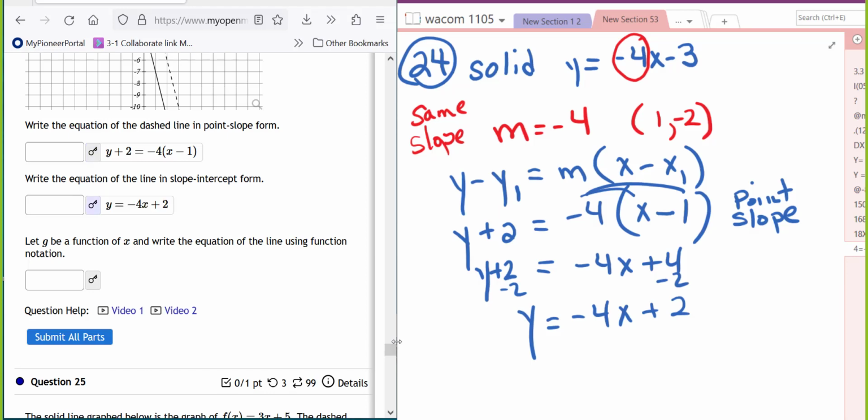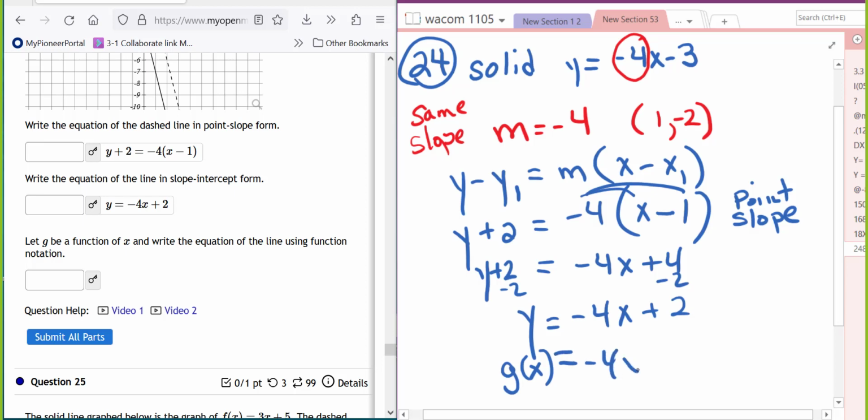Good. And now they want us to write function notation. Comes right from here. All you're going to do is put g of x equals -4x plus 2. There you go.